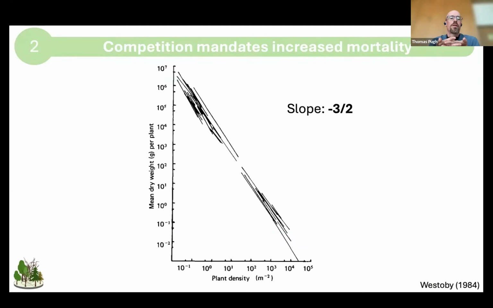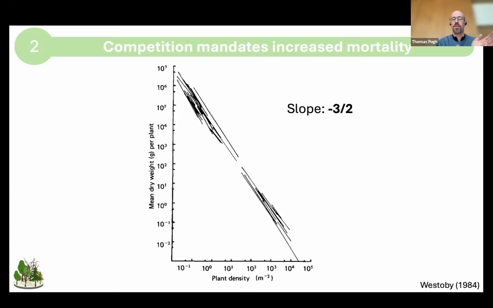Another thing I want to look at is competition. So higher productivity due to, for instance, carbon dioxide, higher growth rates means more competition, and this means more mortality. This is really well established in classical work going back many decades.